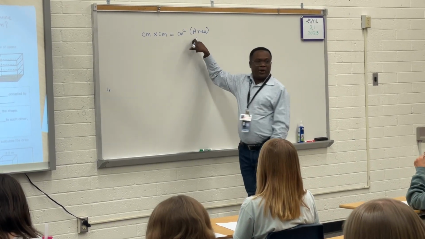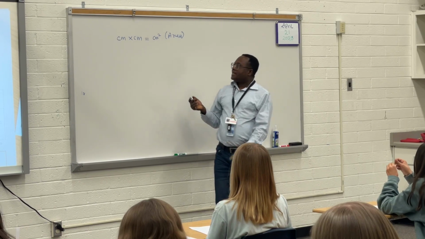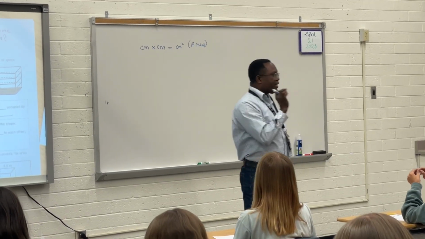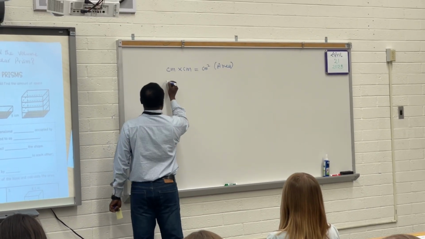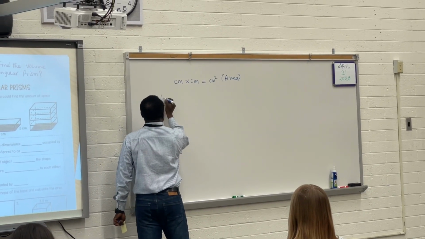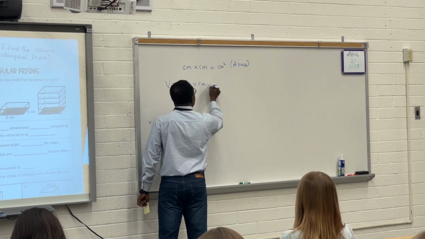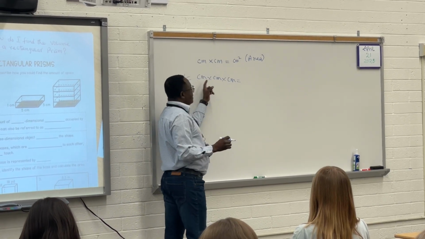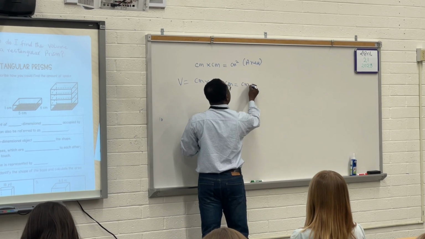When we are finding the area of any geometrical figure. But in today's lesson, we are going to find the volume of the 3 dimensions, that's the 3D. So for the volume, it's going to be, let's say, centimeter times centimeter, then times centimeter. That will give us how much? So it's going to give us centimeters cube.